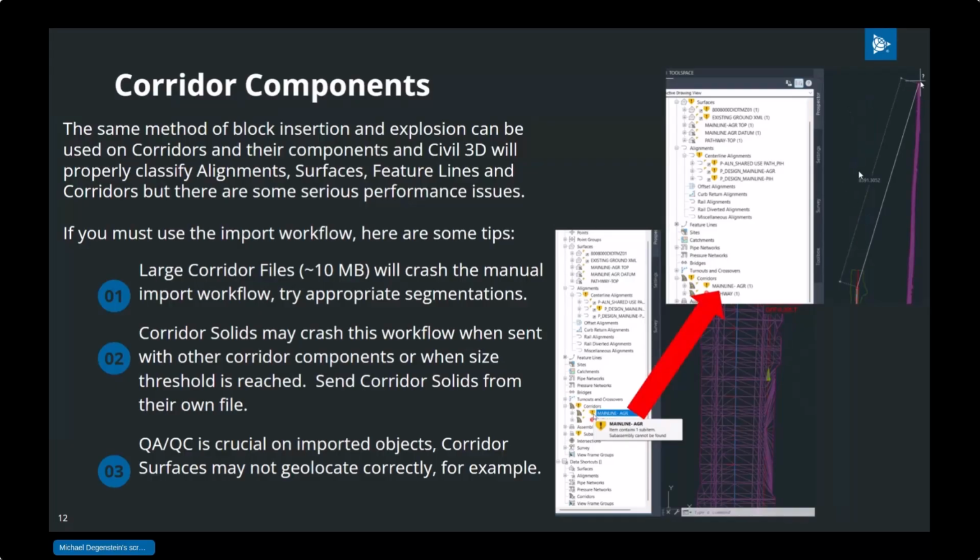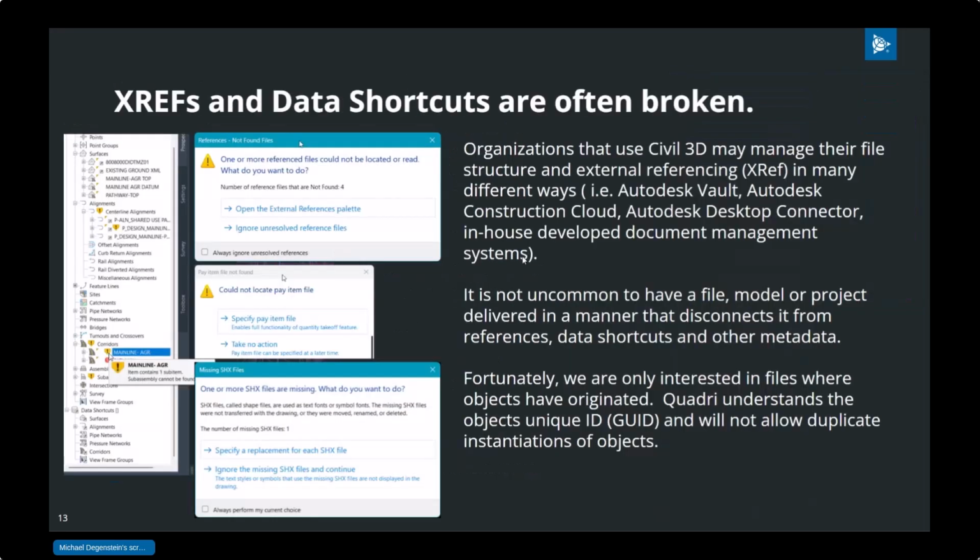It's almost, let's see, 2 or 3 kilometers off. So if you must insert into Civil 3D, it's crucial to have proper QA/QC. But we're highly suggesting to use the connector.